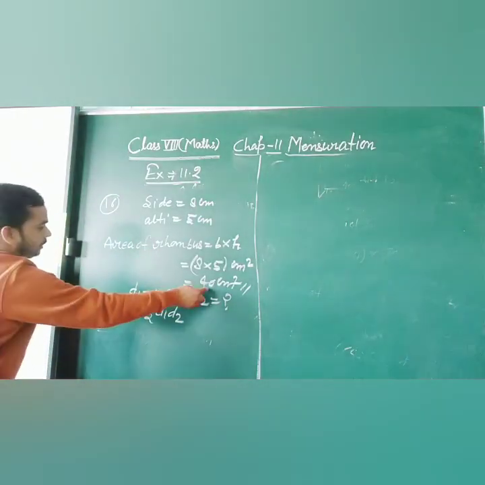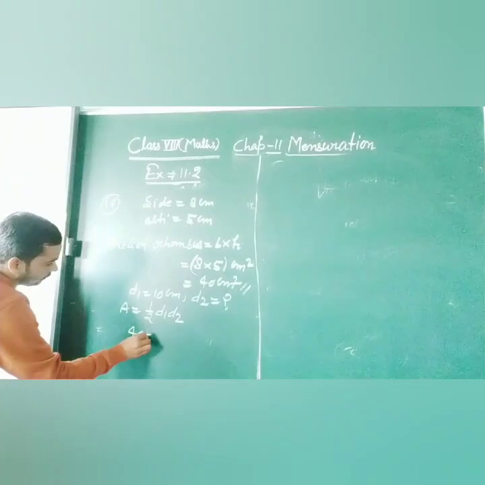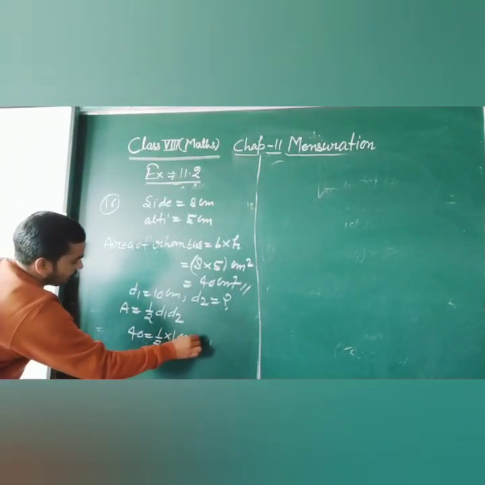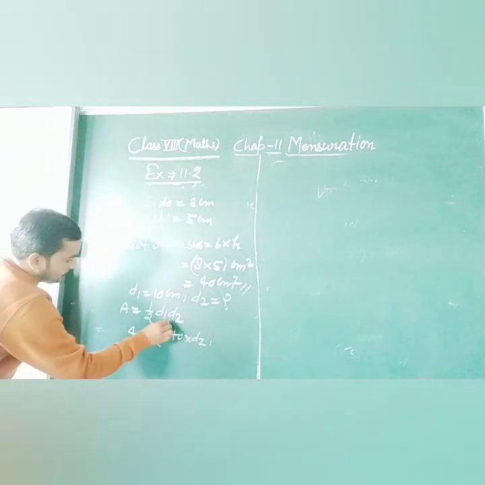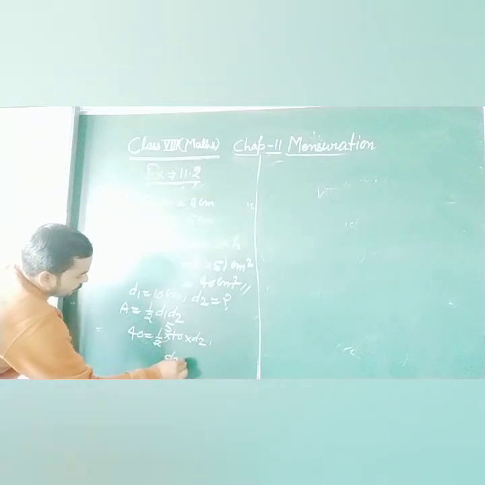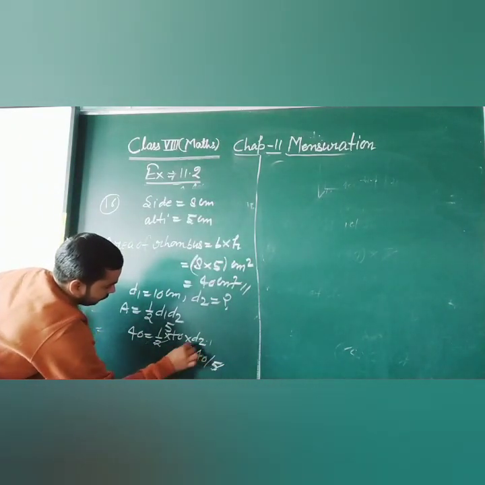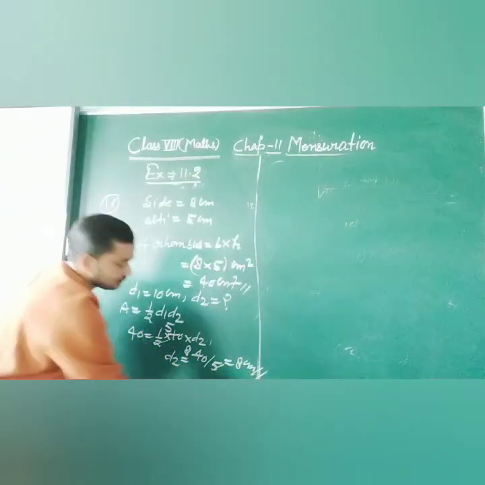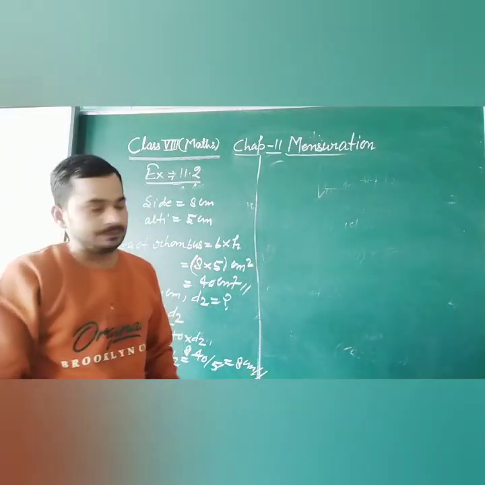We have to find out D2. 40 equals 1 by 2 into D1, 10, and D2 is unknown. 2 fives are 10. So D2 equals 40 upon 5. 5 eights are 40. So D2 equals 8 centimeter. So the length of the other diagonal is 8 centimeter.